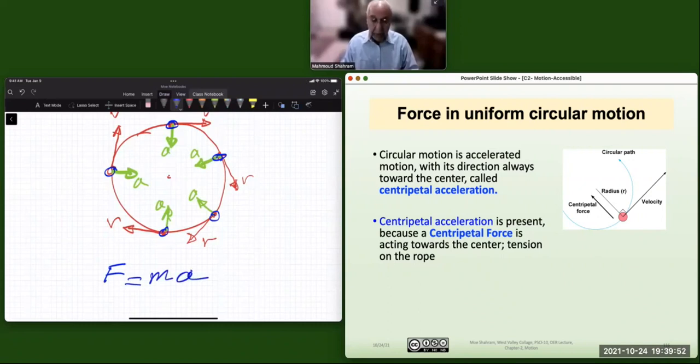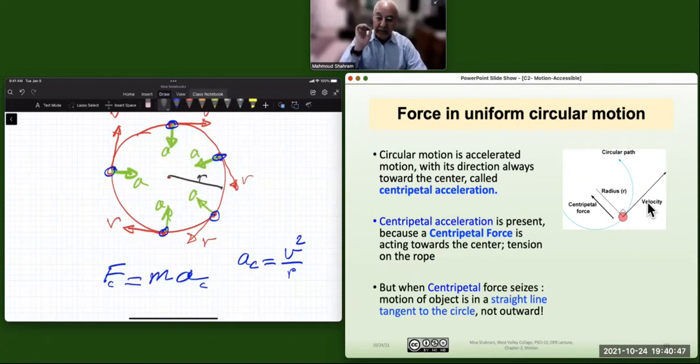Now, this acceleration is called centripetal, so we put a little c here and a little c here. So centripetal force is equal to the mass of the object times centripetal acceleration. What is the value of that? It turns out that acceleration is equal to the magnitude of velocity squared divided by r, r being the radius of the circle.